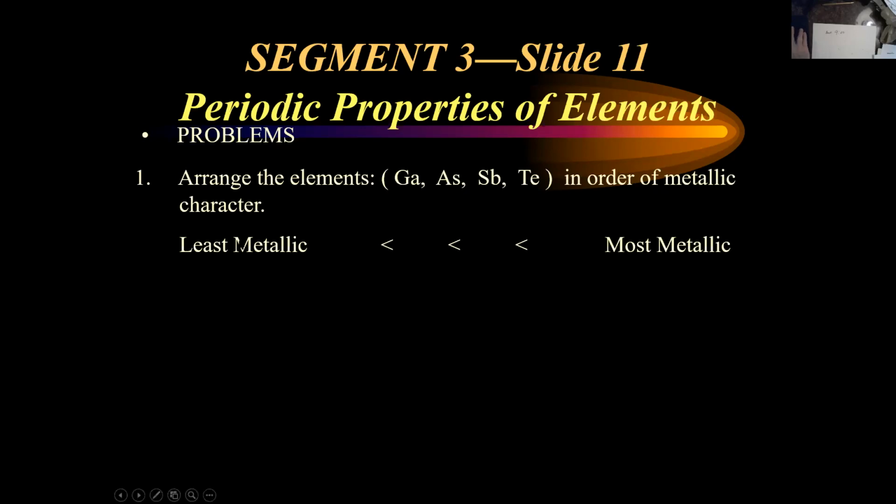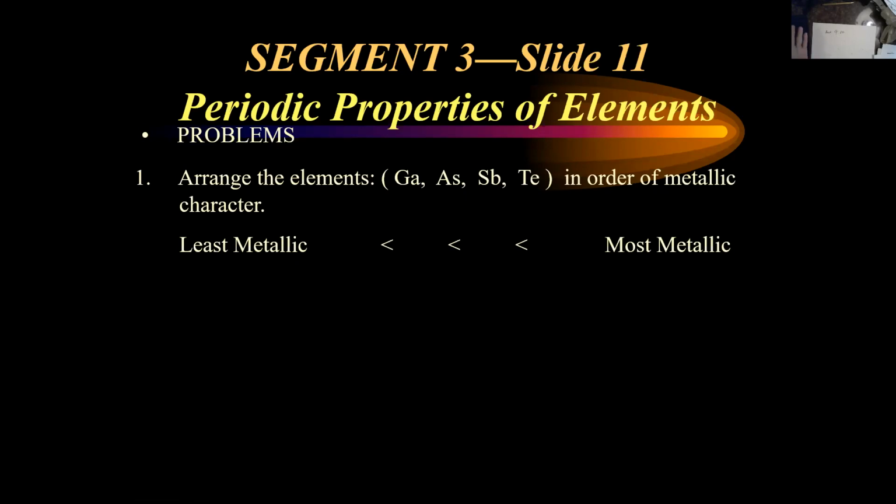So if I'm looking at metallic to non-metallic in an element, what I'm looking for is where it is located on the periodic chart. Remember, the metals are below that little stair step on the right, and they become more metallic going from top to bottom and more metallic going from right to left across a row.